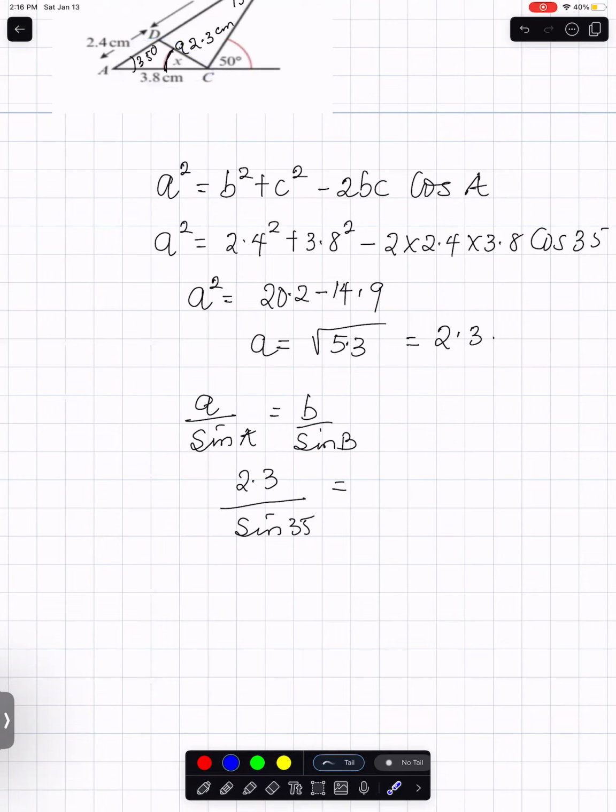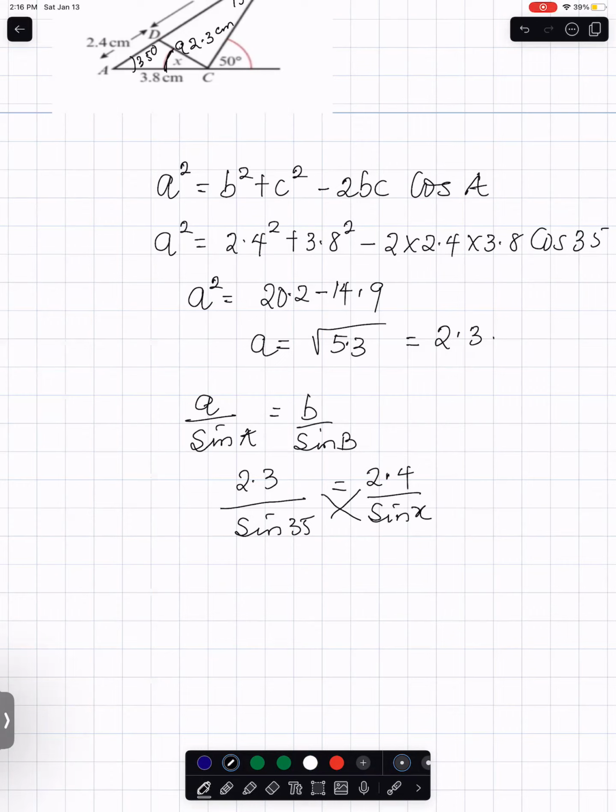That's why I'm using this triangle to find my x value. So this is 2.3 to 35 degrees. So what other angles do we have here? We are looking for x here. So we are using 2.4 divided by sine of x.